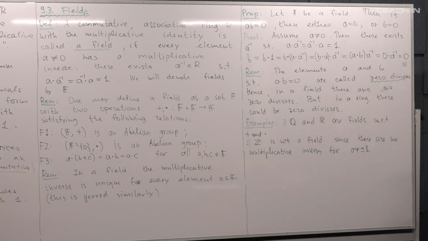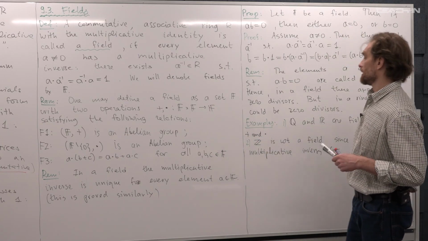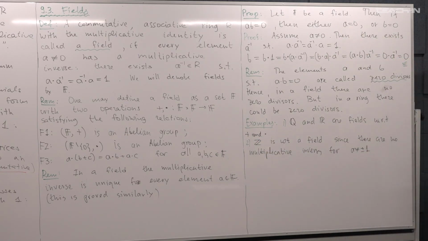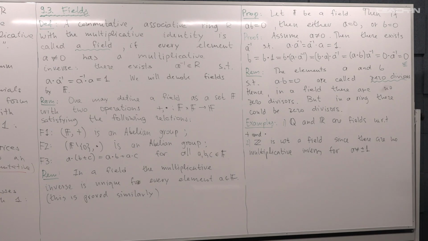So the ring generalizes the set of all integer numbers, but a field generalizes the set of rational numbers and the set of real numbers.